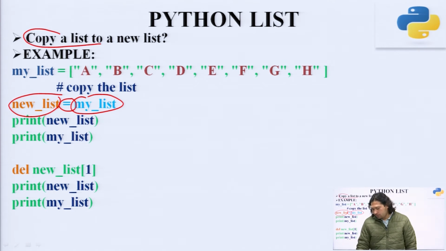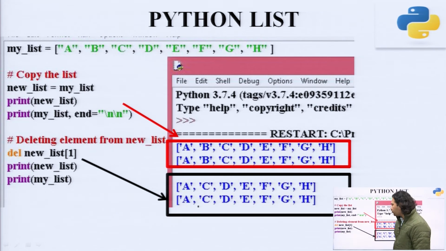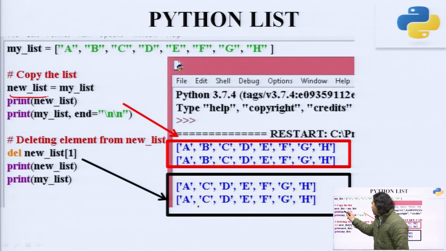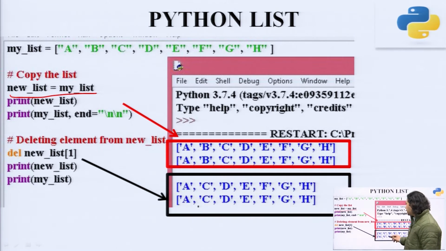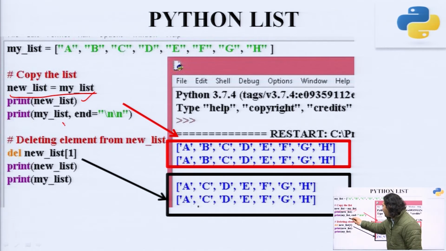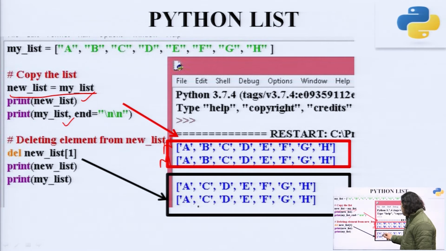Now, for that you need to go to the output of this program. So, the output of this program is this one: when you have performed this operation, new list is equal to my list. So, the values of my list are transferred to the new list. You can see, this is your new list and this is your my list, and both elements are the same, identical to each other.